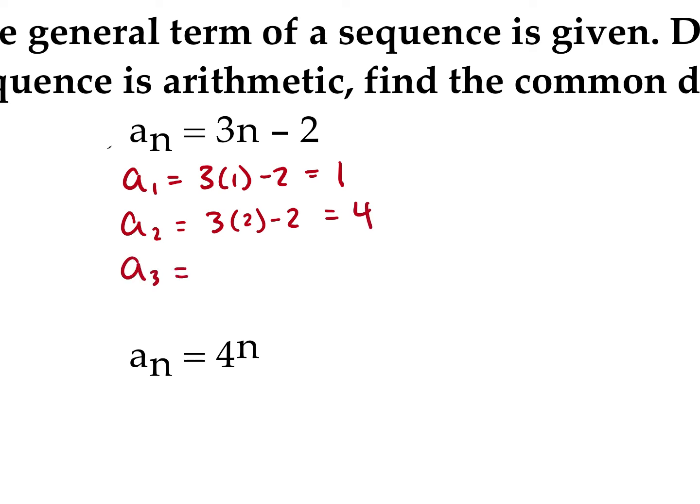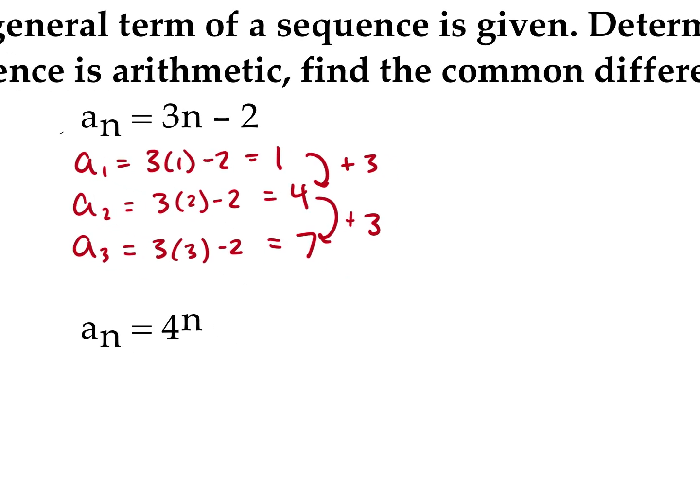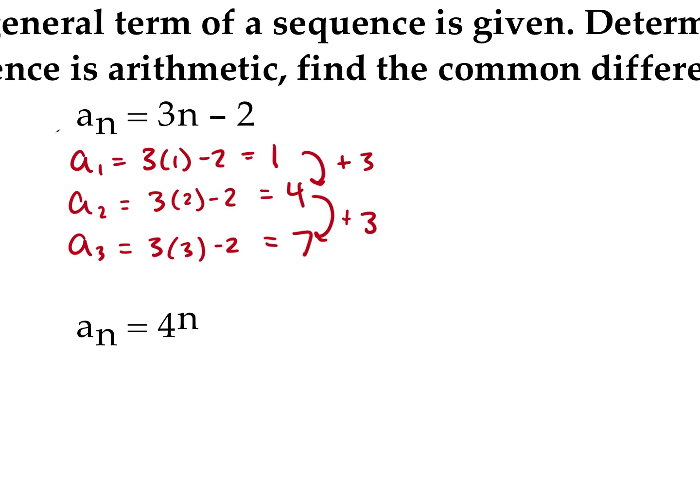A sub 3 would be 3 times 3 minus 2, so this is 7. So what am I doing to go from one number to the next? I'm adding 3. So when I look at this, like the top, I'm thinking, okay, addition or subtraction, arithmetic, and then the other one I see multiplication or an exponent, and I'm thinking geometric.